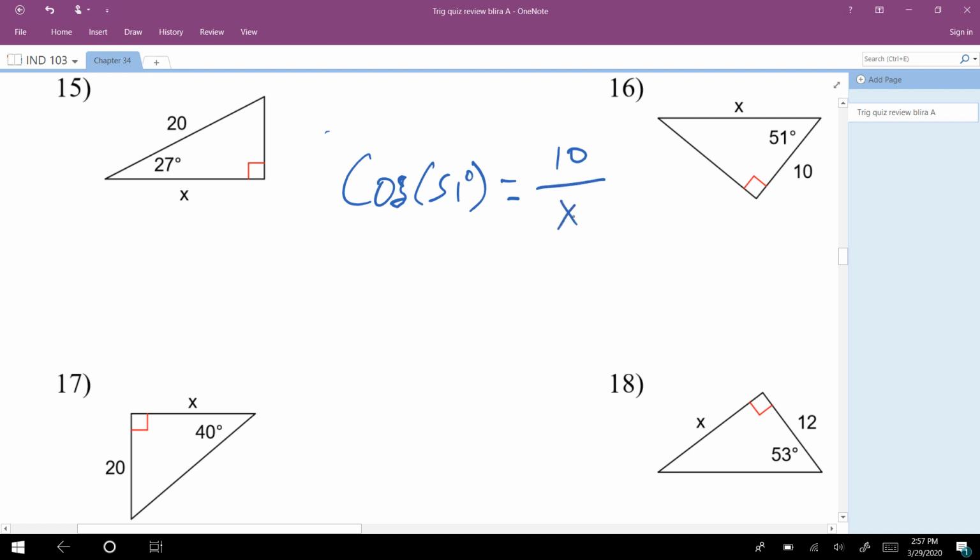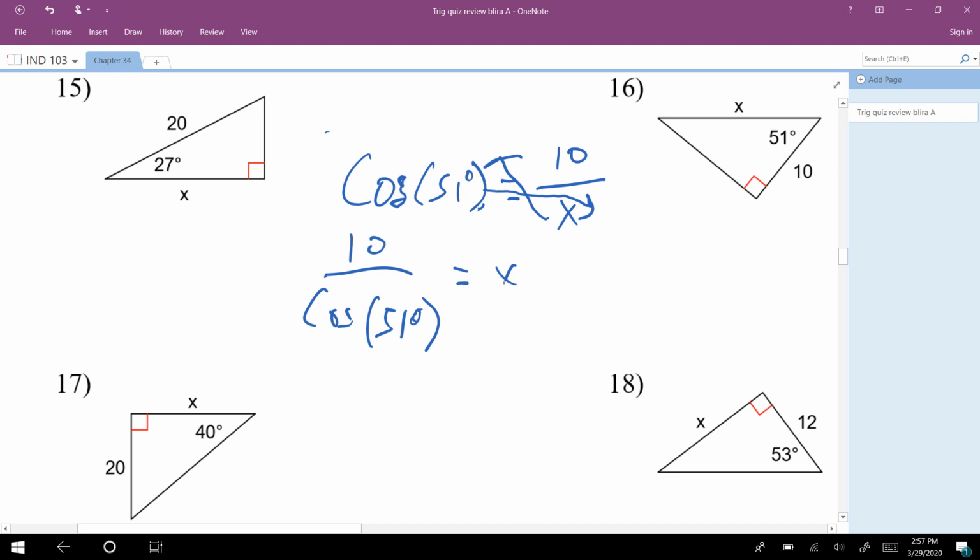All right. So we want to find the hypotenuse. That means x has got to go up and the cosine needs to come down. So our new setup is going to be 10 over the cosine of 51 degrees is going to be equal to x.